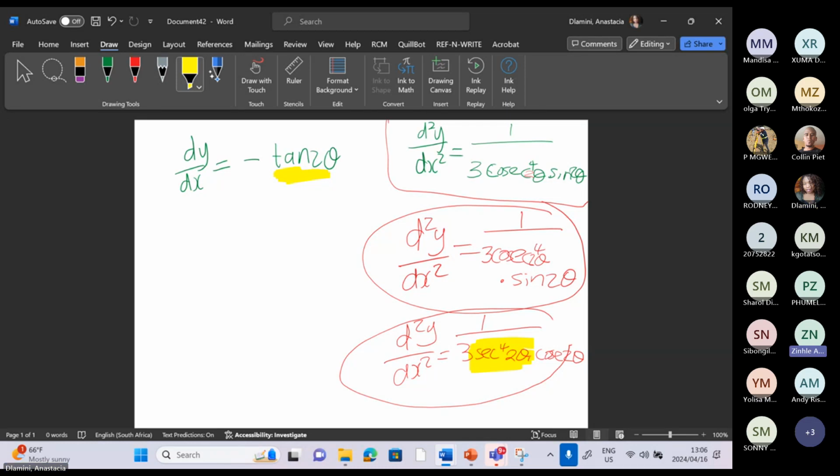And then our cos squared 2 theta, isn't it the same as sec squared 2 theta?